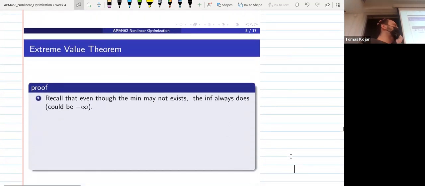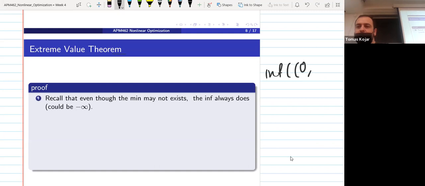So we talked about this a bit, that the min might not exist, but you can have a greatest lower bound. That's called the infimum. So for example, what's the infimum of open 0, 1?